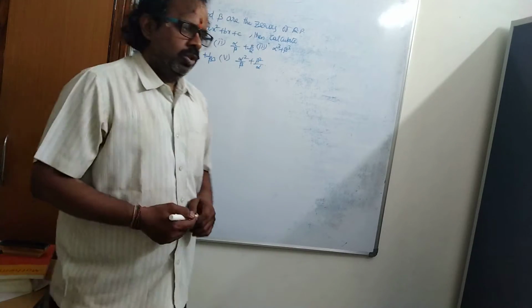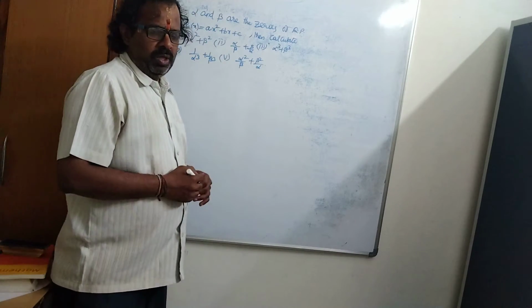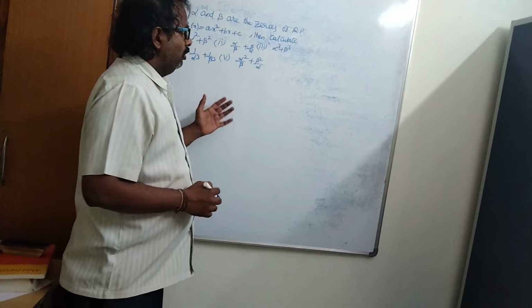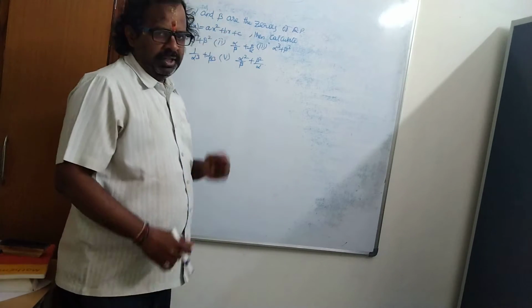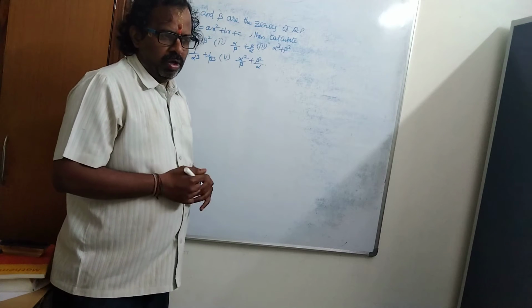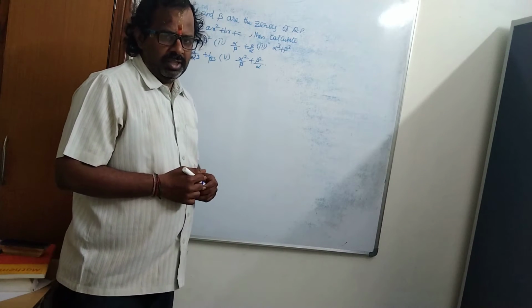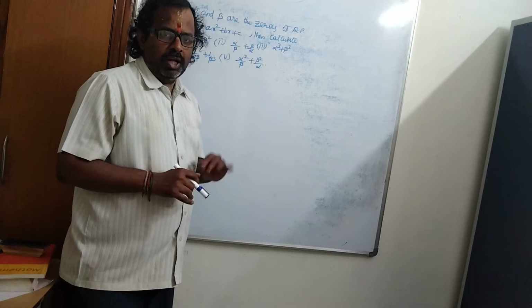Hello everybody. In the previous video we solved the problems with zeros being alpha and beta and an unknown quadratic polynomial. Here unknown quadratic polynomial is nothing but the coefficients are unknown.